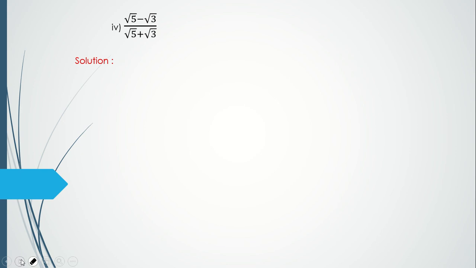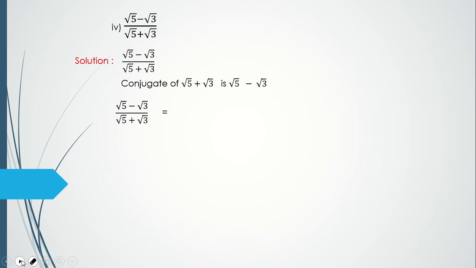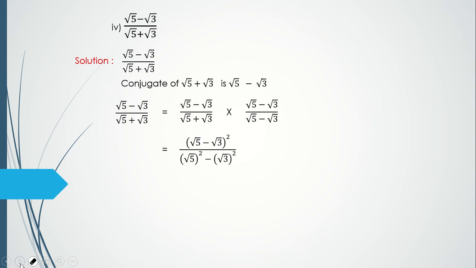So the conjugate of root 5 plus root 3 is root 5 minus root 3. Multiply numerator and denominator by its conjugate. Now a plus b, a minus b, so that's going to be a square minus b square. Root 5 square is 5 and root 3 square is 3.